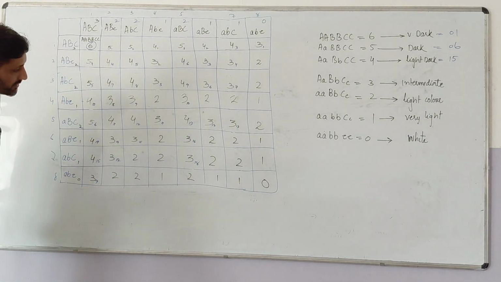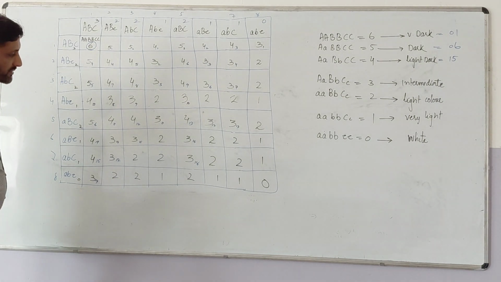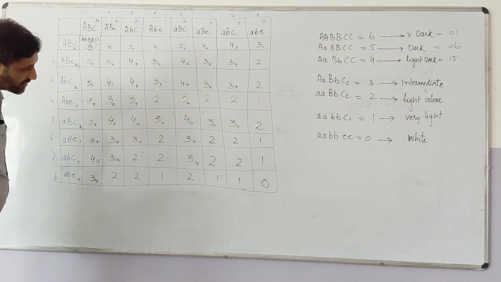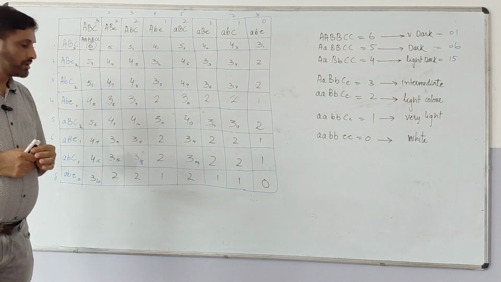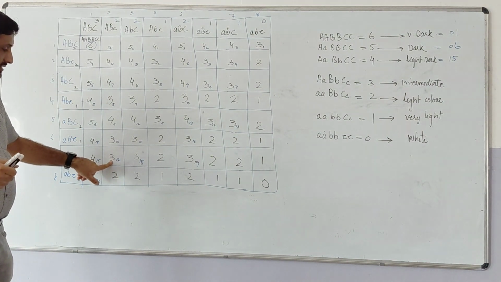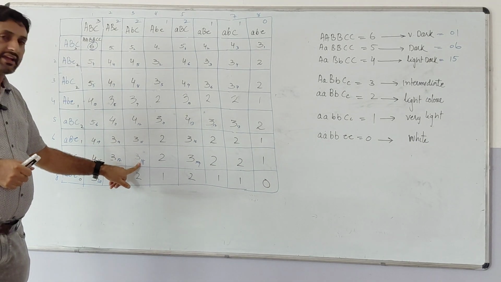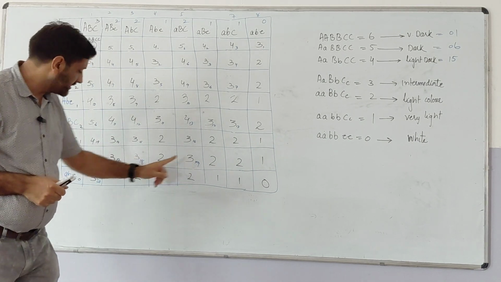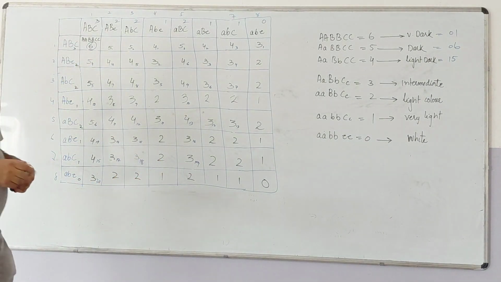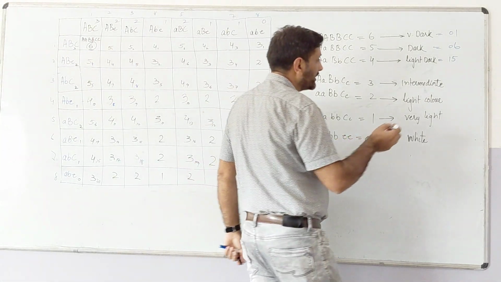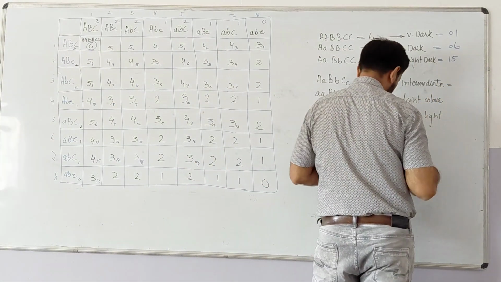It should be 20. Somewhere I have made a mistake, but it is 20. So here we see this is the 3 dominant alleles, 17 number. This will be 18 number. This is 19 and this is 20. So the individuals with only 3 dominant alleles will be 20.